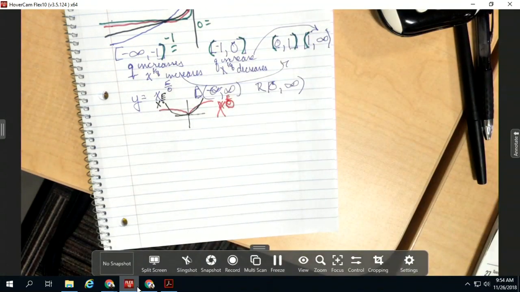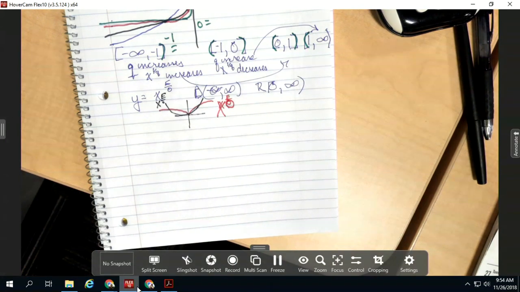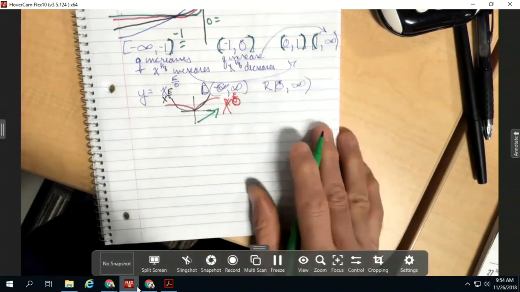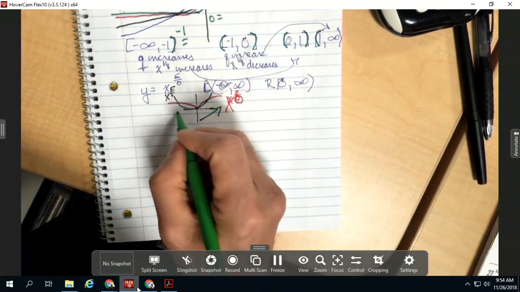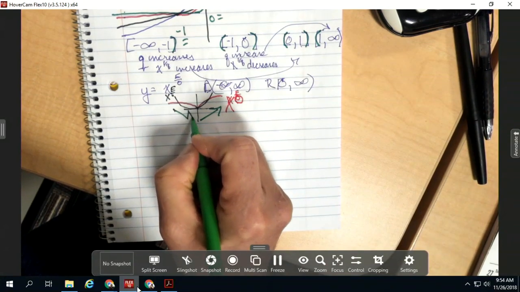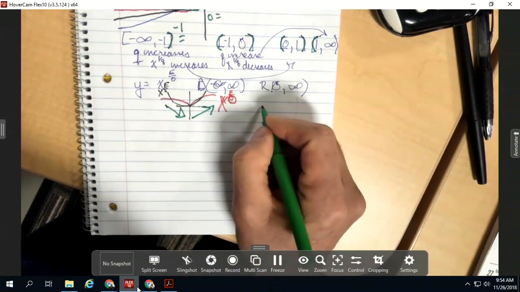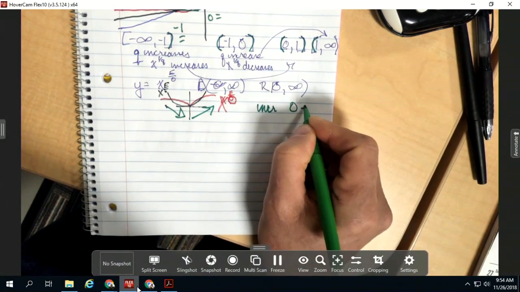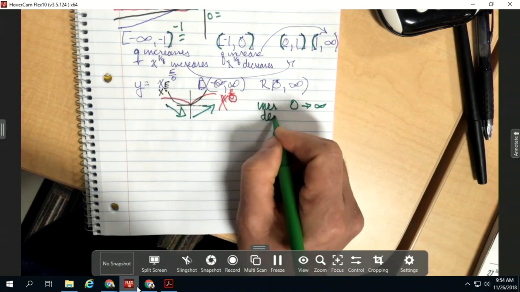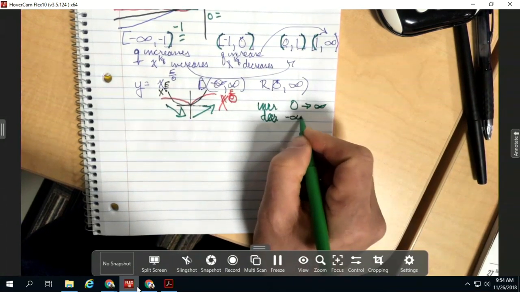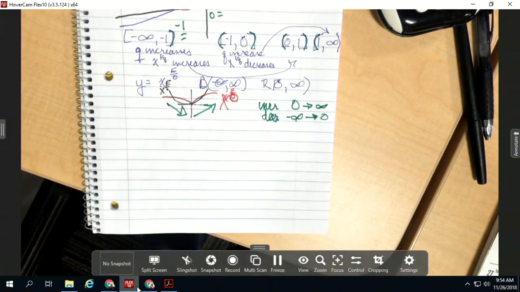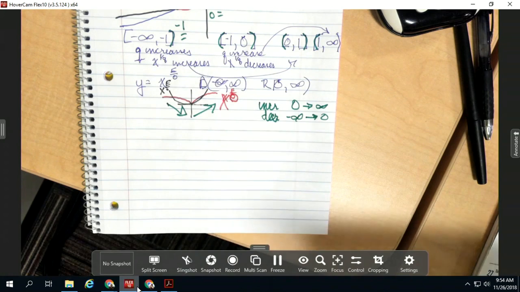What can you say about the domain and range, as well as the interval over which the function is increasing? So everybody agree it's increasing here, and here it's decreasing, right? So it's increasing from 0 to infinity. It's decreasing from negative infinity to 0. That's the first one.